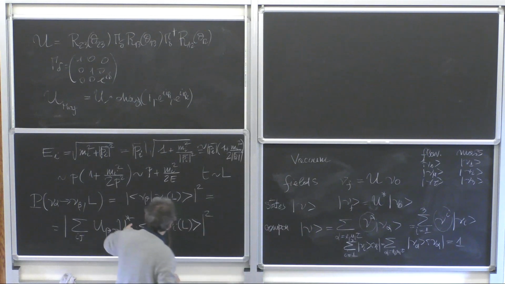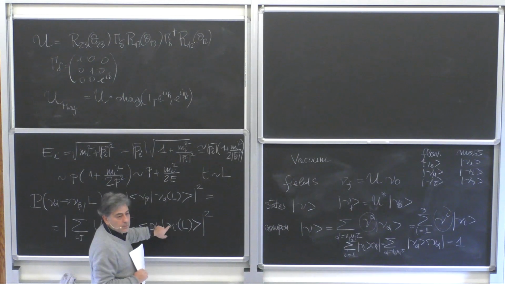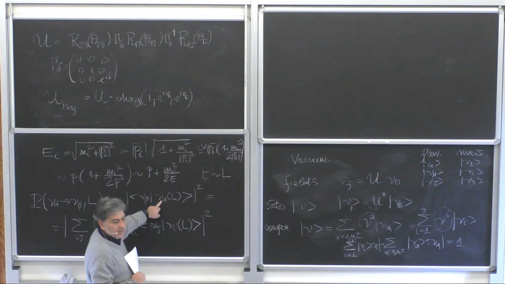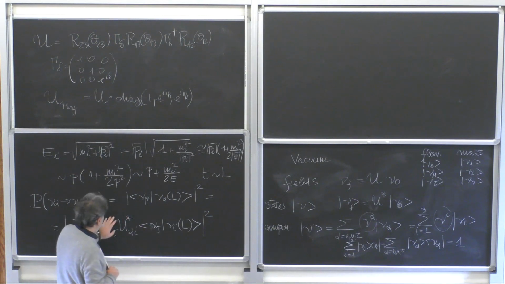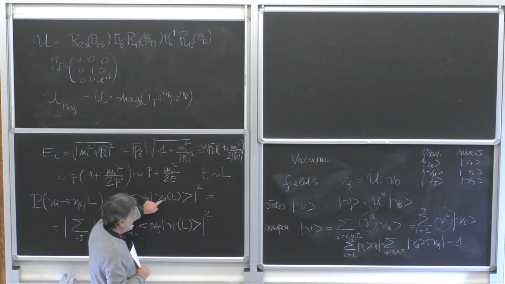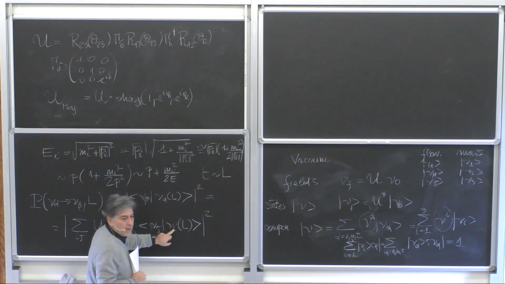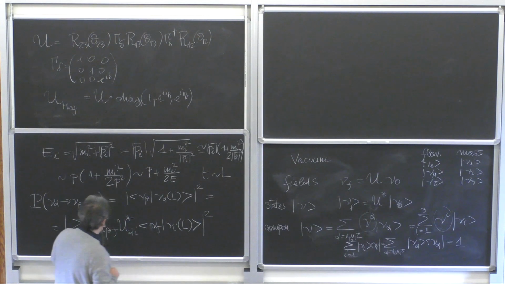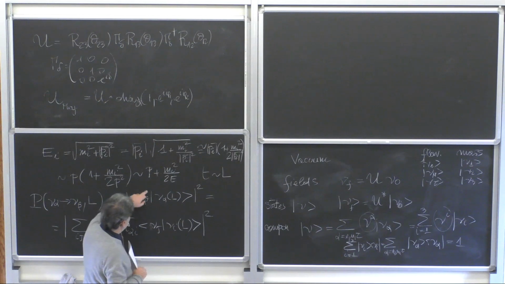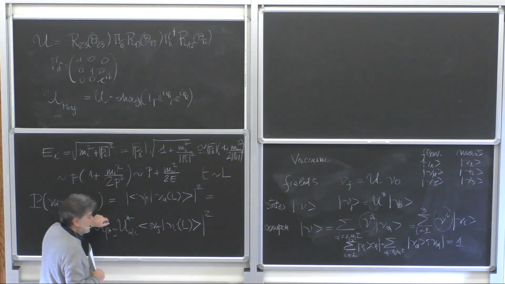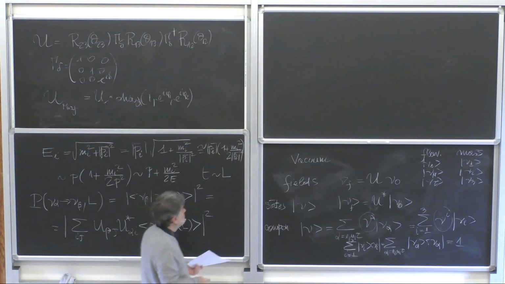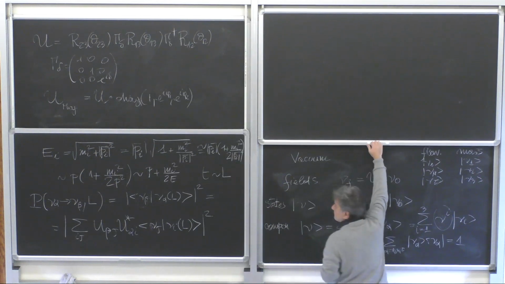There is a U star when you expand this nu alpha: nu alpha is the sum over i of U star alpha i nu i at L. And the same thing for nu beta, but this is a bra, so there is another star. So twice the complex conjugation gives back the U.